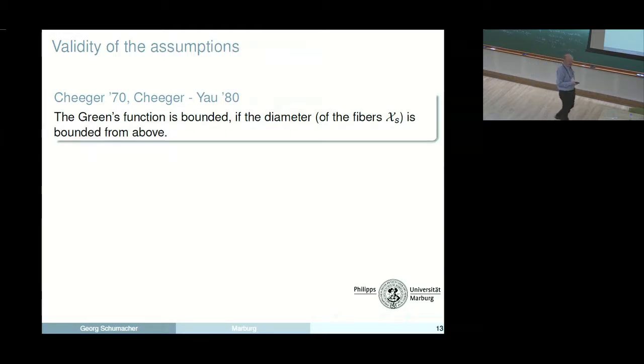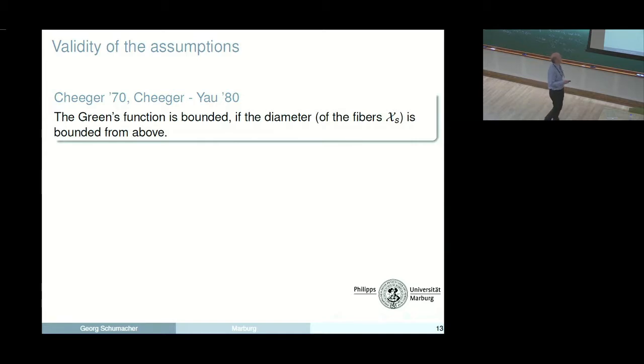And we can see that this assumption is not satisfied if we are looking at varieties of general type or hyperbolic Riemann surfaces. Then in a degeneration, the Green's functions are certainly not bounded.